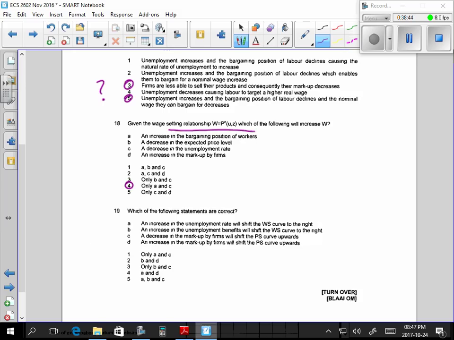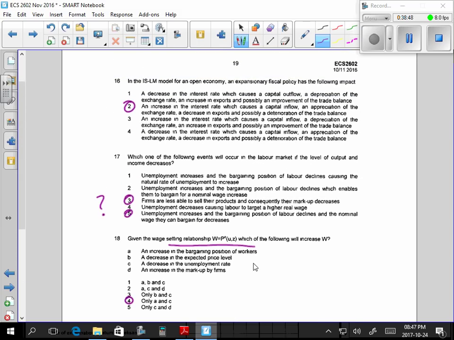So now this is your wage setting relationship, okay? Nominal wage is equal to price expectations, and a function of the unemployment rate and the catch-all variable Z. You need to know the relationship of the nominal wage to all 3 of these variables.